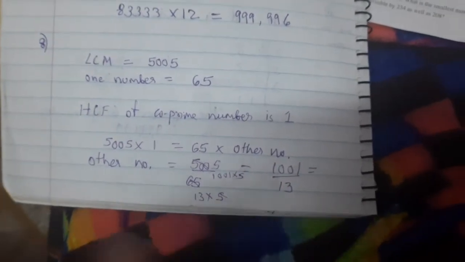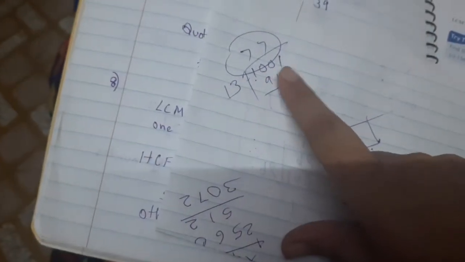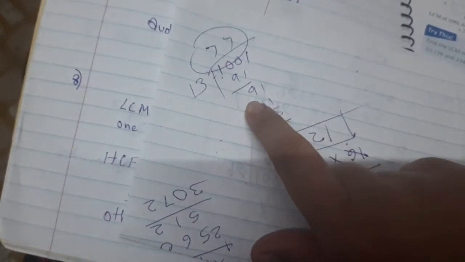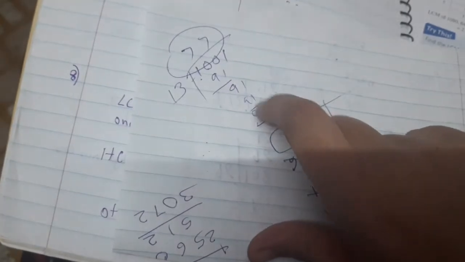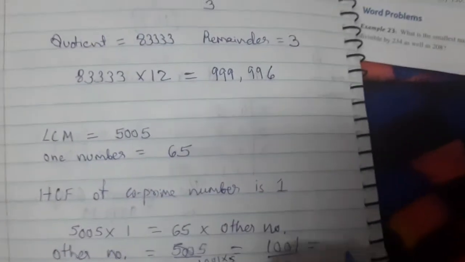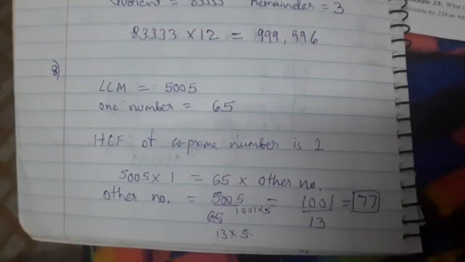If you divide this number by 13, what will you get? 13 sevens are 91. 9, again 1 will come down. 13 sevens are 91. 0 is the remainder. So your answer is 77. This is your answer.